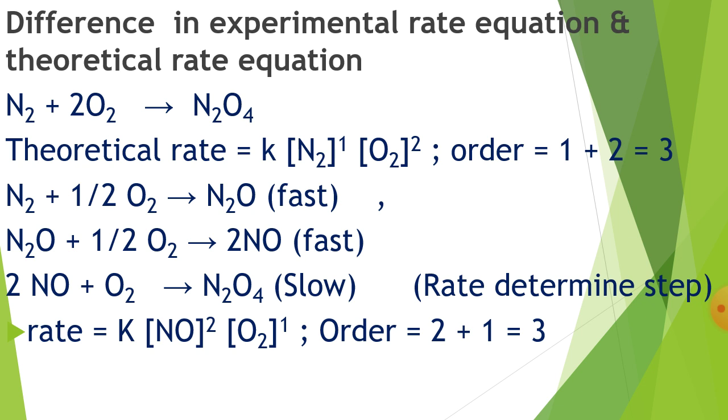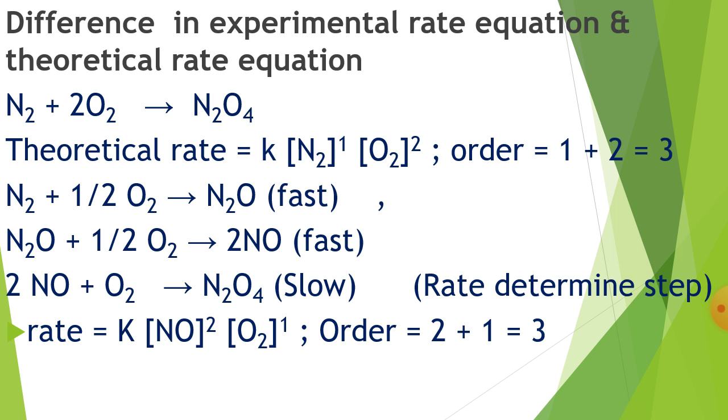Here in the theoretical rate of reaction, we find the rate depends on the second power of O2, but in the experimental rate it depends upon the first power of O2.